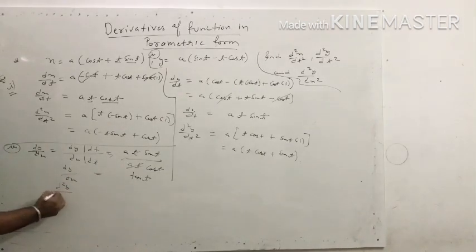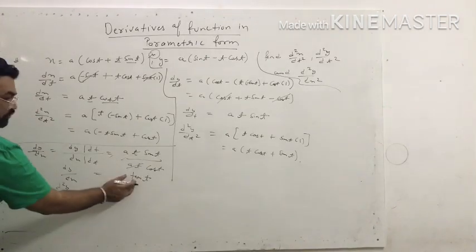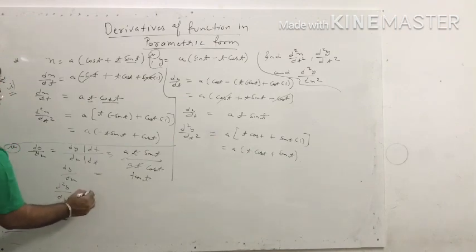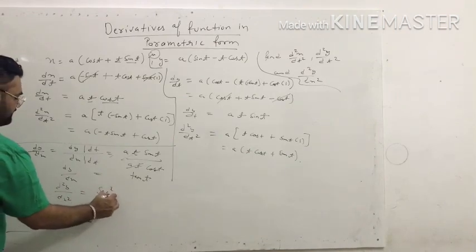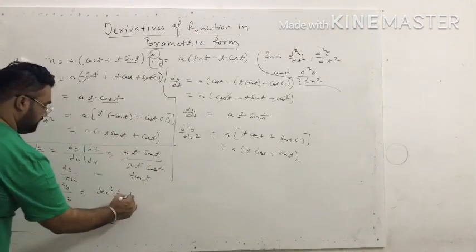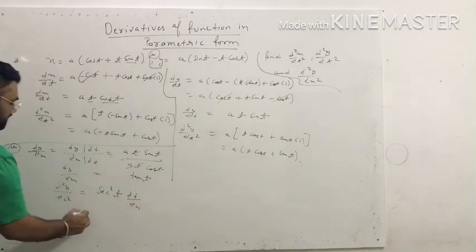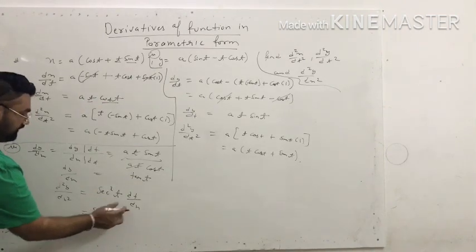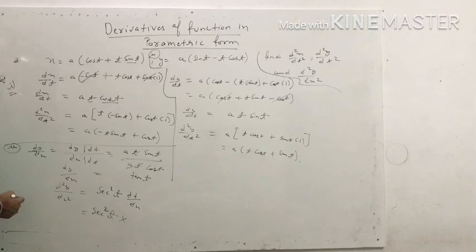Now the double derivative. What is the derivative of tan t? sec² t. After that, the derivative of t, dt/dx. So sec² t. Now what is the value of dt/dx?